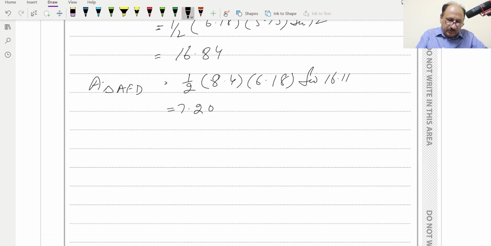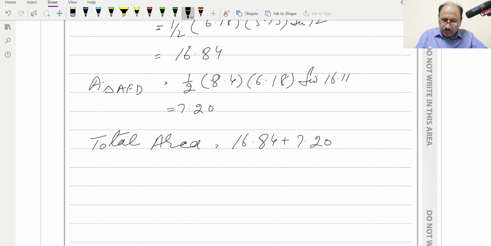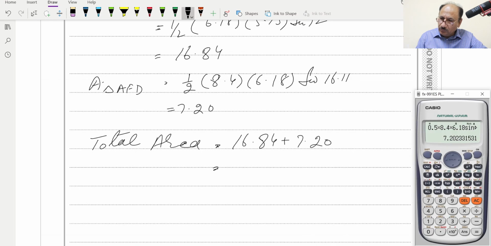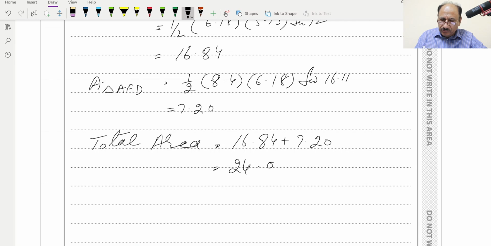Now we can find the total area. The total area required will be equal to 16.84 plus 7.20, and this is equal to 24.04.